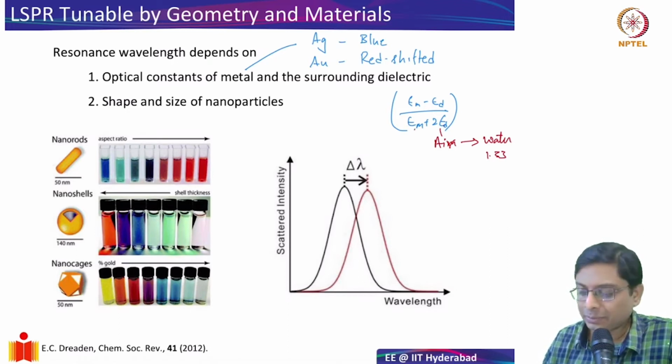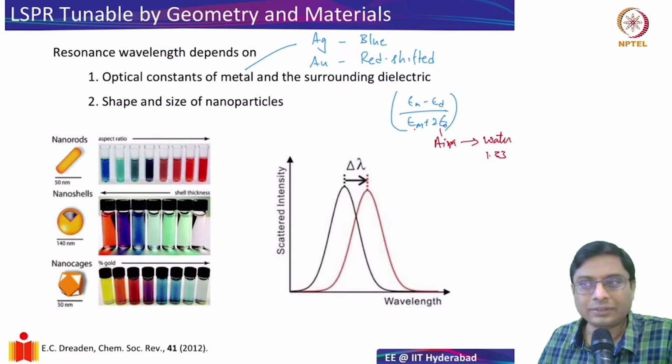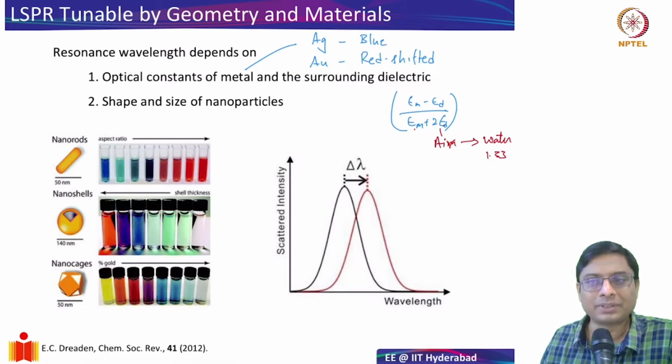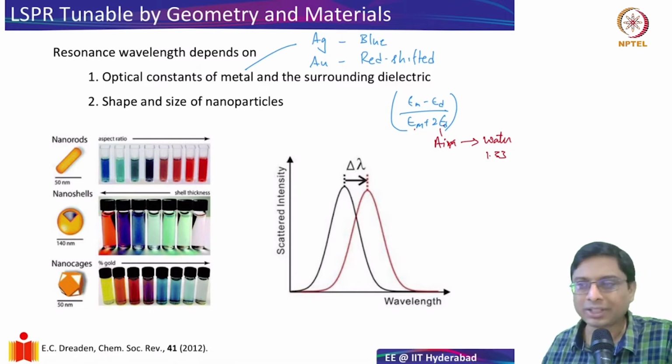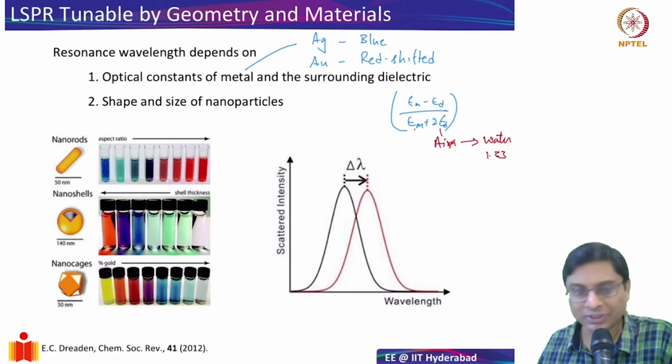If the surrounding medium's dielectric constant increases, then the resonance will be red shifted. We'll give you a small problem on this in the homework. Please try it out. We'll give you the dielectric constant for, let's say, silver, and then we will ask you to compute what happens when the medium is air, what happens when the medium is water, and so on, or ethanol or whatever. We can compute these things.